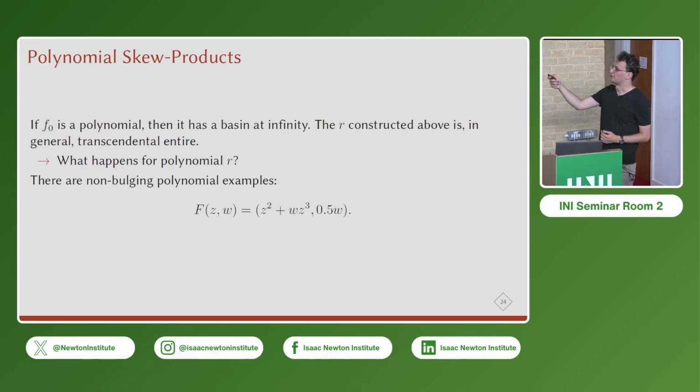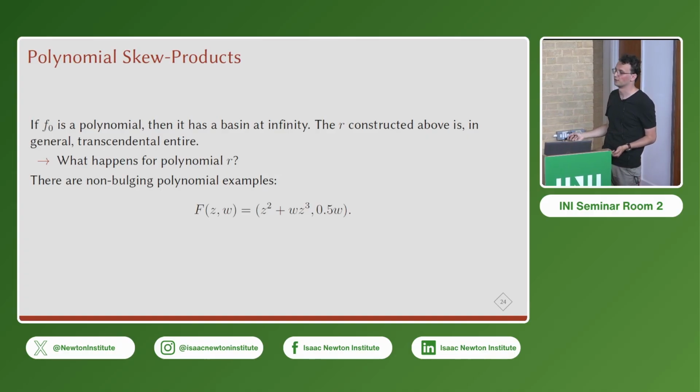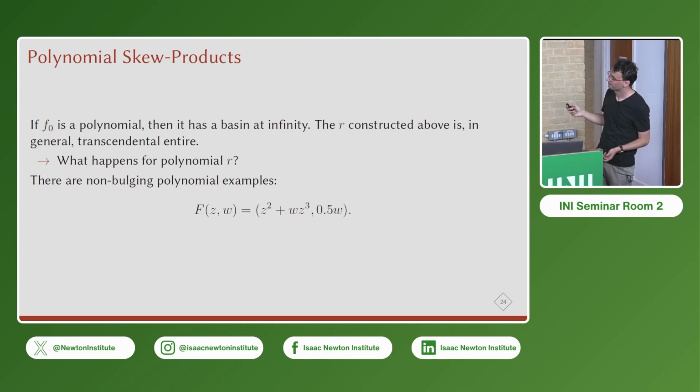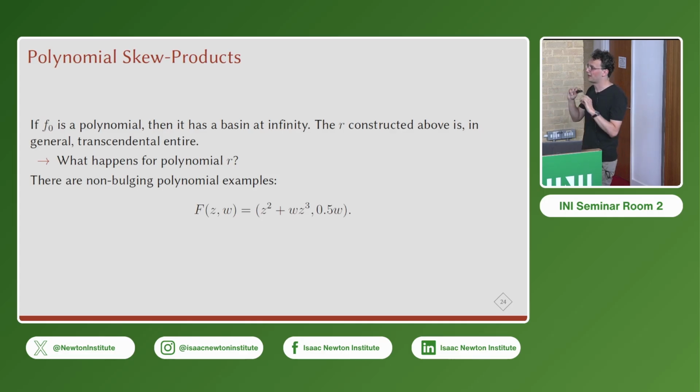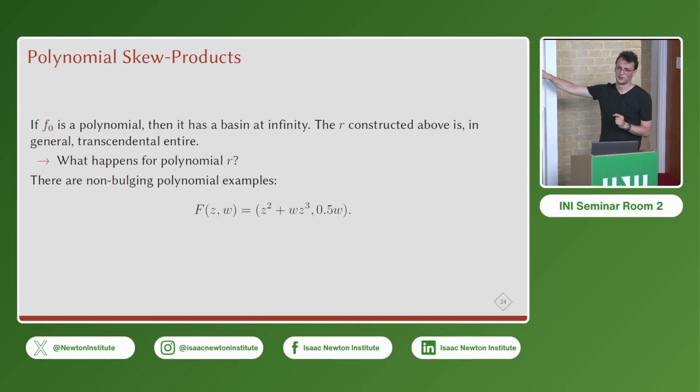One of these is f of (z, w), which is z squared plus w z cubed, and then, well, 1/2 times w in the w coordinate. And without going into too much detail, the main idea behind why we have non-bulging behavior is if you imagine that w is very, very small, then compared between z squared and w z cubed, z squared is going to dominate.